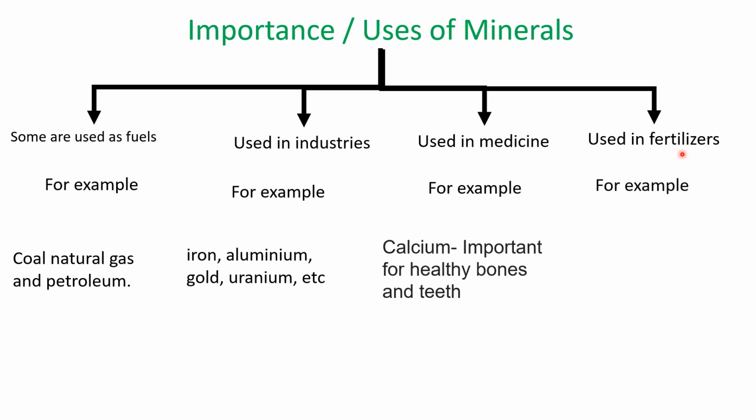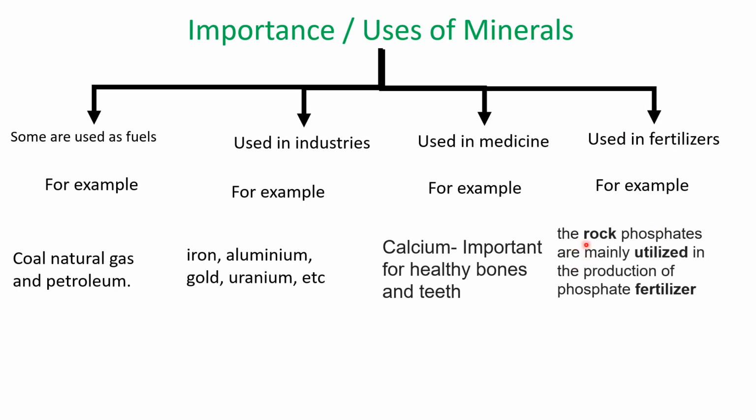Used in fertilizers, for example, the raw phosphates are mainly utilized in the production of phosphate fertilizers.